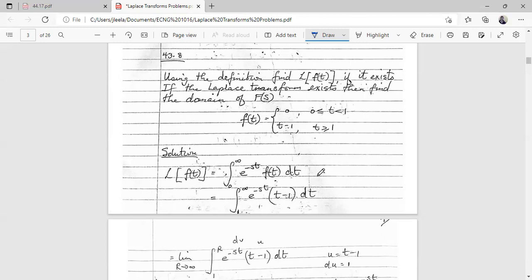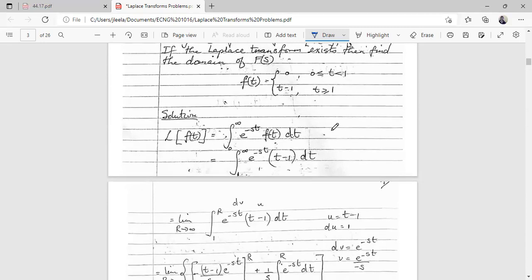So this function here is 0 between 0 and 1, and it is t minus 1 for t greater or equal to 1. So you could apply the definition here, the integral between infinity and 0, e to the minus st, ft, right? And your ft is 0 between 1 and 0.